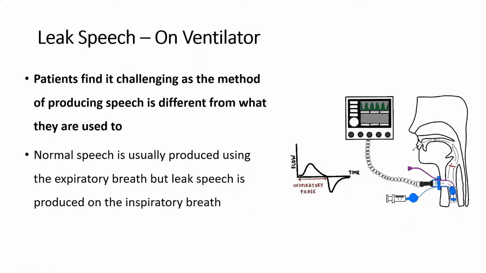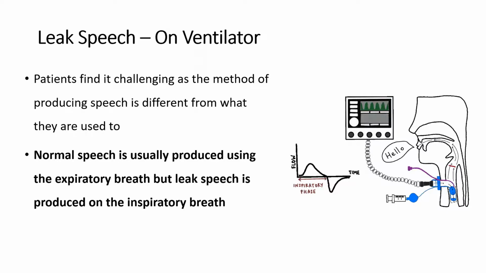When patients are on ventilators and are attempting leaked speech for the first time, they often find it challenging, as the method of producing speech is different from what they are used to. Normal speech is usually produced using the expiratory breath, but leaked speech is produced on the inspiratory breath.